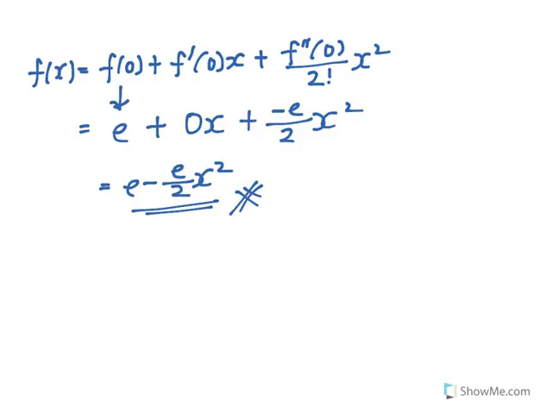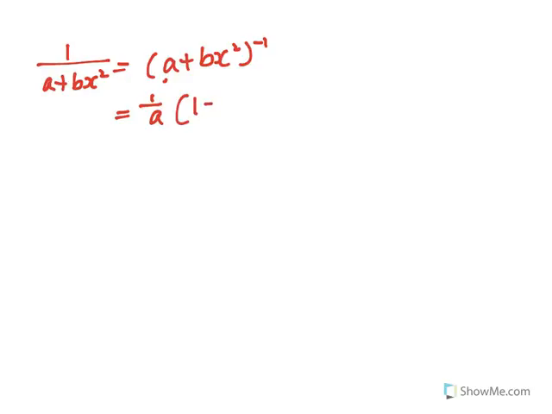So we take 1 over (a plus bx squared), and write the denominator as a numerator to a negative power. Before we start a power series expansion, we always try to change our constant to be 1, so we factorize out a, and we have 1 plus bx squared over a.